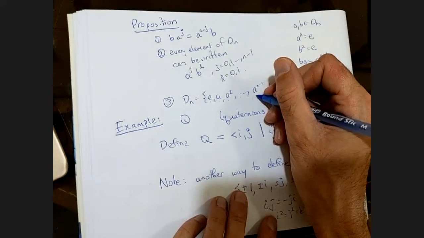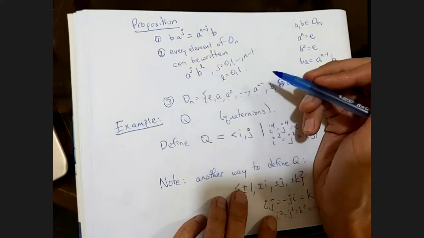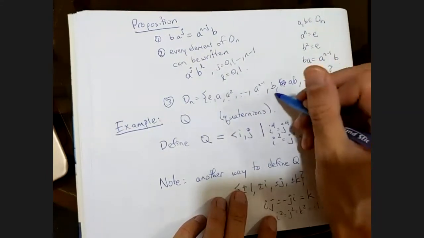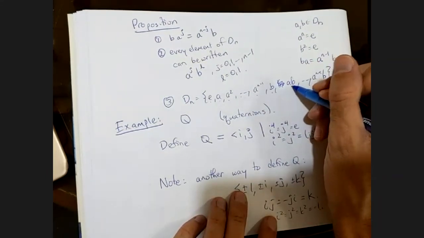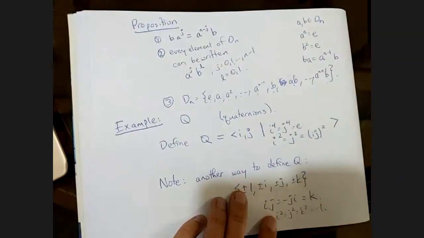Now, A to the n is the identity, so it just repeats again. So don't put A to the n. And then you do B, AB. Basically, take all of these and multiply by B, and you get the other n elements.